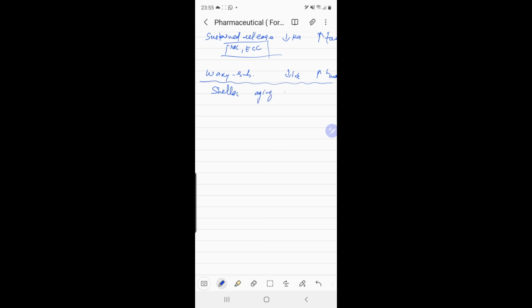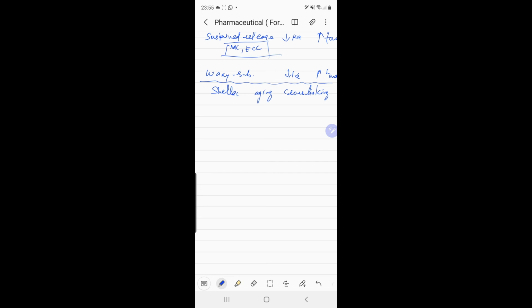This cross linking may decrease the dissolution rate, and there will be slow release of the drug, a change in the bioavailability, a decrease in the bioavailability of the drug from the drug product.